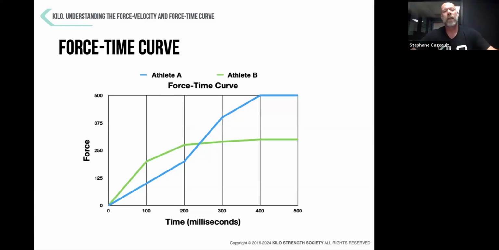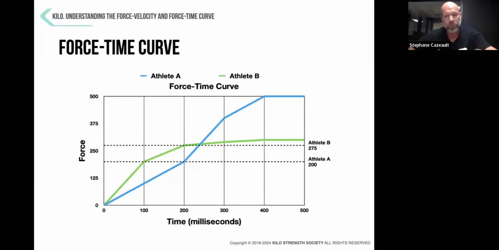But the big difference is that in most team sports, most action occurs in less than 200 milliseconds. If we look at it here, athlete B at 200 milliseconds can generate 275 pounds of force, whereas athlete A, although he can squat 500 pounds, at 200 milliseconds can only generate 200 pounds of force.